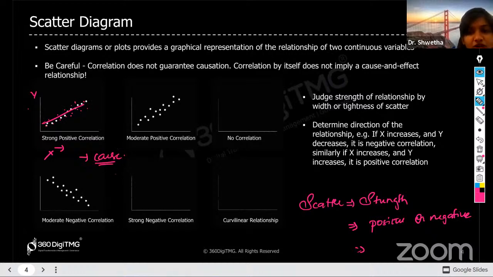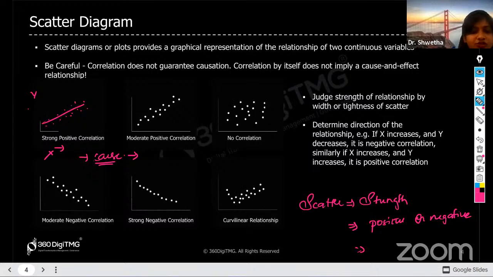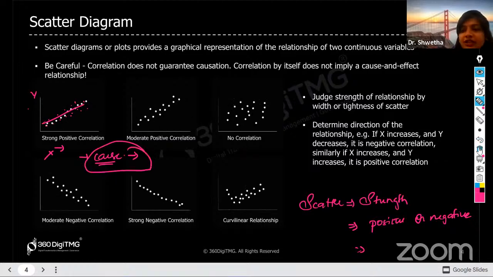It does not guarantee that x is increasing and y is also increasing because of x. So causation is not guaranteed by the scatter plot. It might be due to some other reasons.